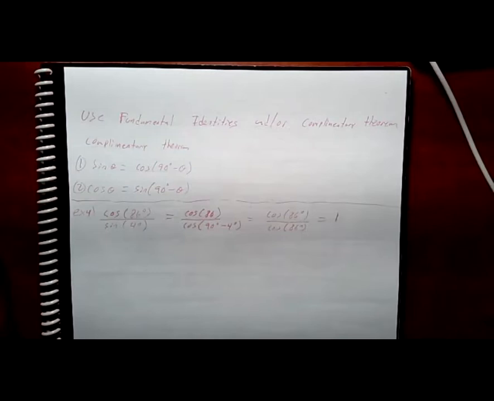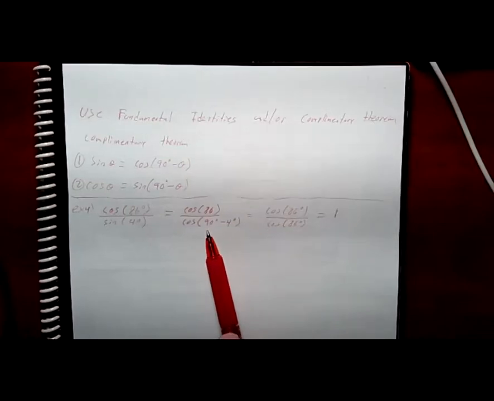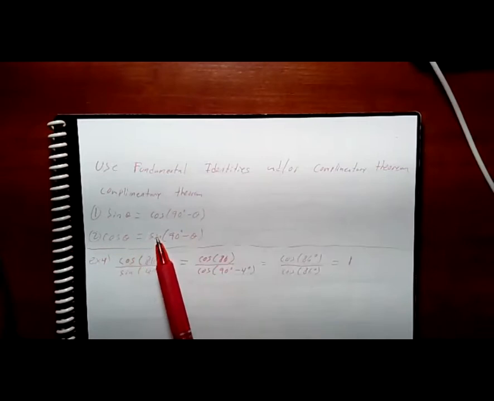Are there any questions on how we use that formula or why it's 1? Will it always add up to 90? You can change that anytime you want. The formula is saying you can shift cosine to sine whenever you want.